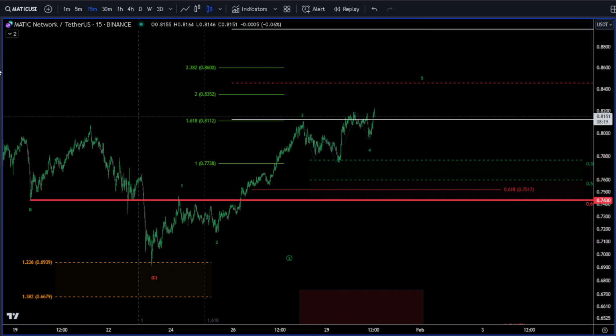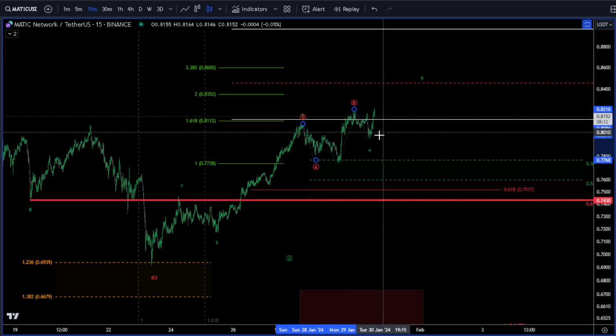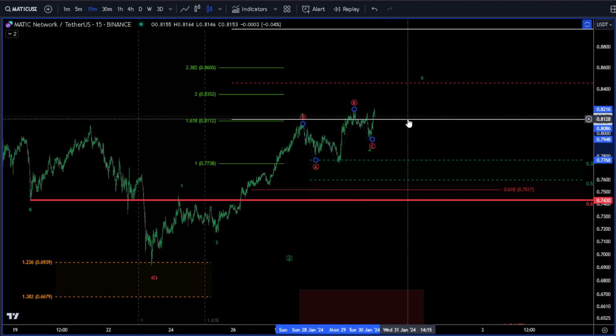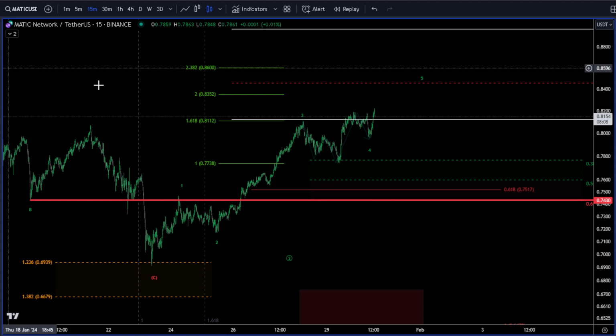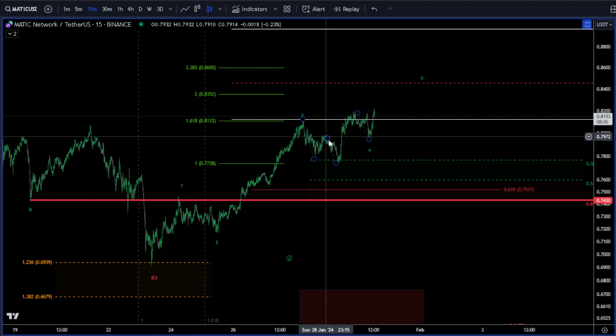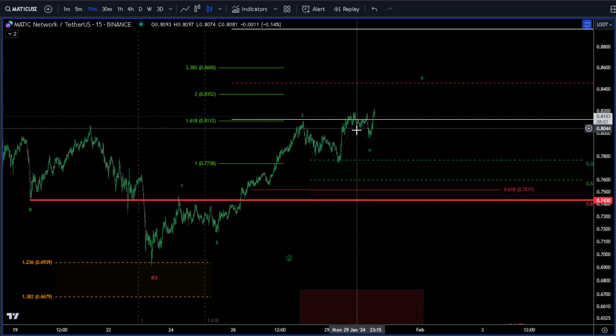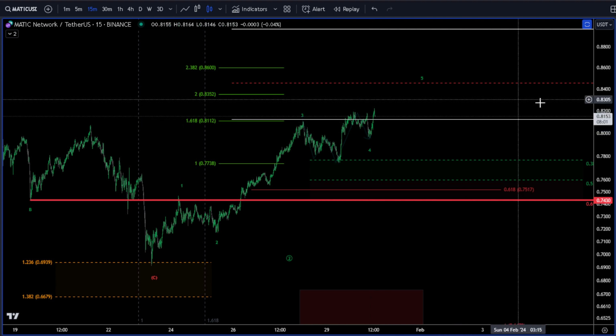And what that would be the label of as we move up is an A, expanded flat for our B, and C, no, it would be a WXY, double combination.